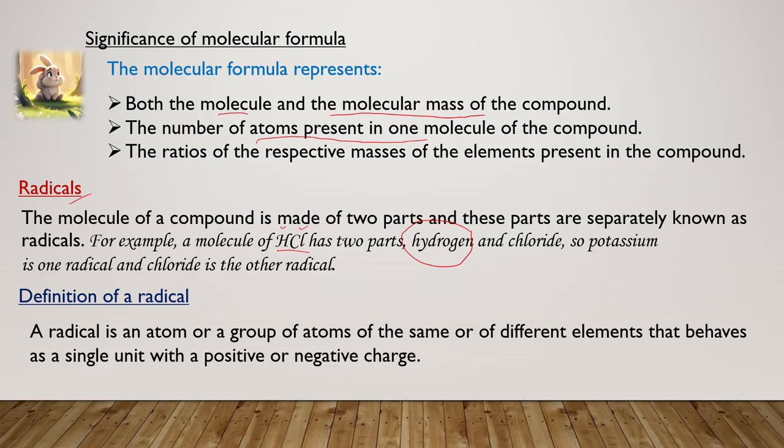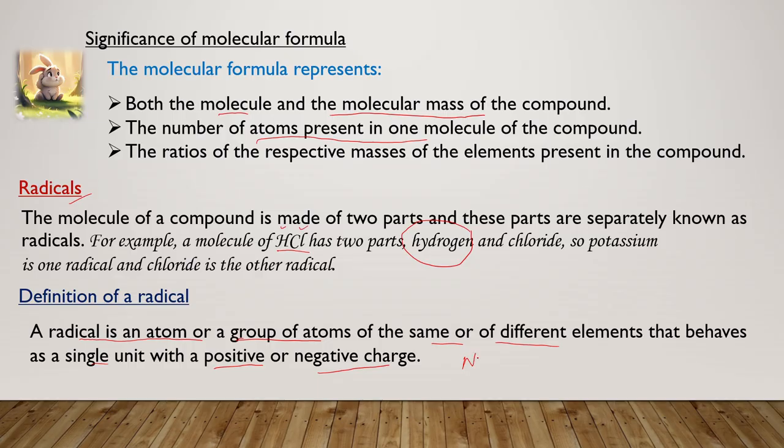Now how can we define what is a radical? A radical is an atom or a group of atoms of the same or different elements that behaves as a single unit with positive or negative charge. Let me show you.